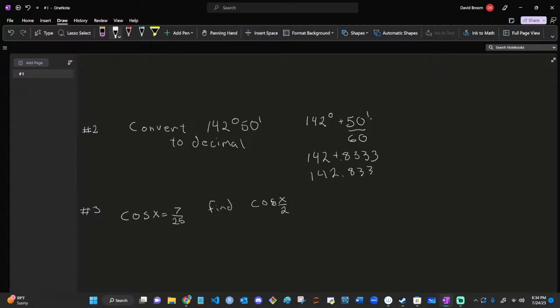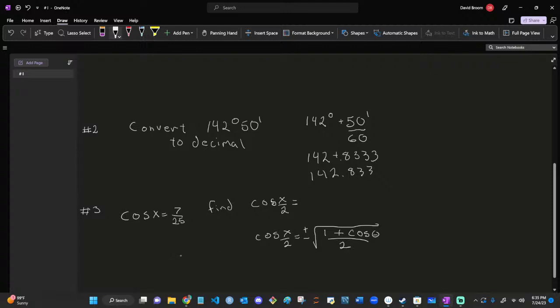So cosine x over 2 is the same thing as plus or minus square root of 1 minus cosine theta over 2. Oh, sorry, it's plus. Cosine is plus, sine is minus. And that's over 2.